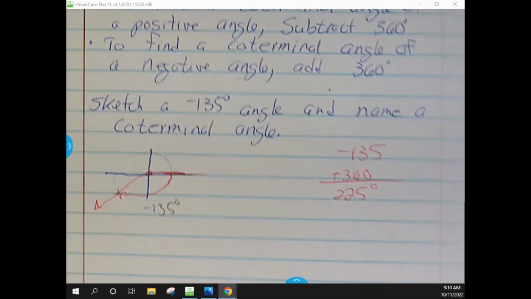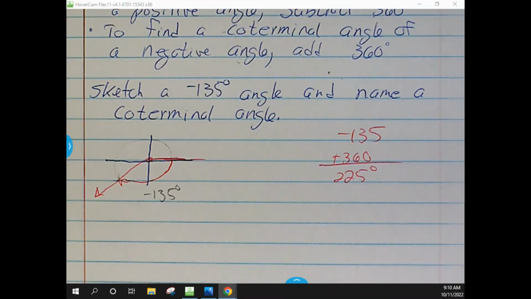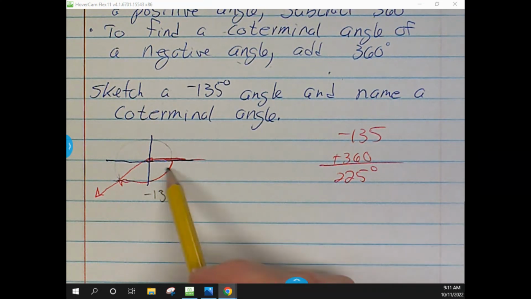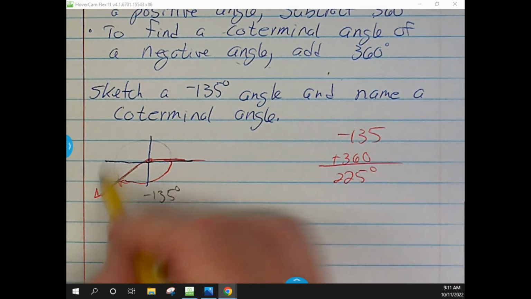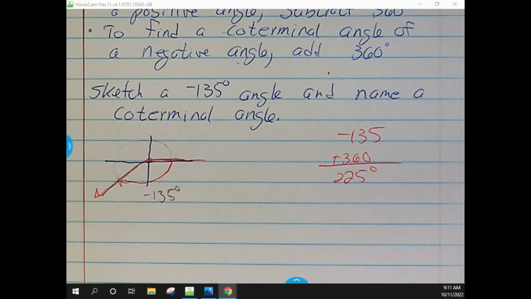Okay, so that's what they're trying to get you to see, that there's two angles. They're going to be the same thing. One of them's going to be negative, one of them's going to be positive. They're still going to end in the same spot. It just depends on whether it's positive or negative. So again, if it's negative 135, it's going to end in the same location as the positive 225. It's just depending on which one they give to you.